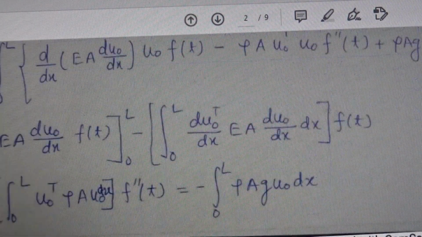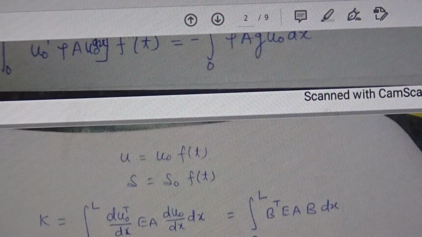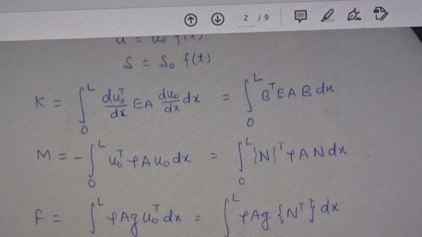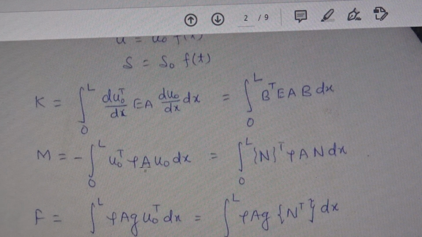gives the m matrix. m is equal to minus integral 0 to L u transpose rho A u naught dx. So substitute u naught is equal to N into delta, and you get N transpose rho A N dx.